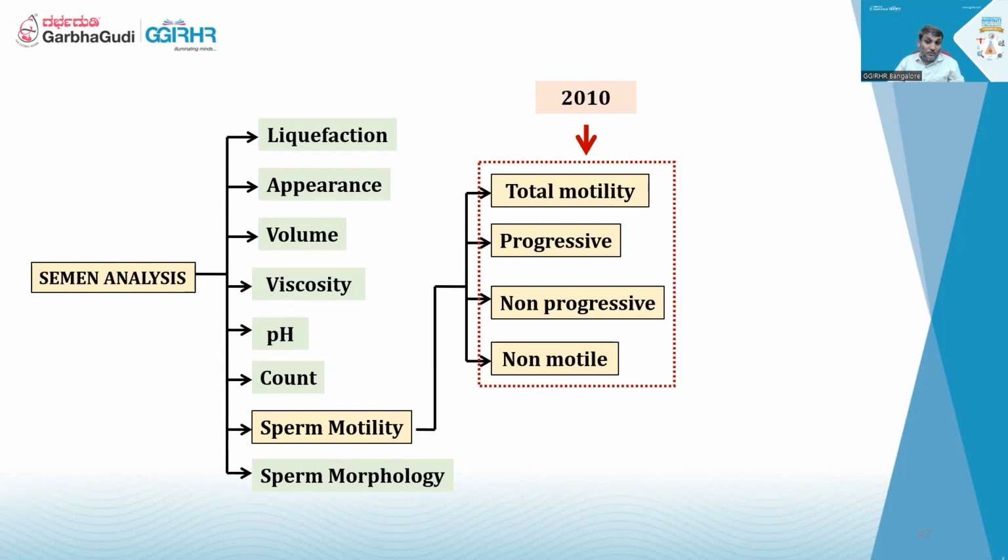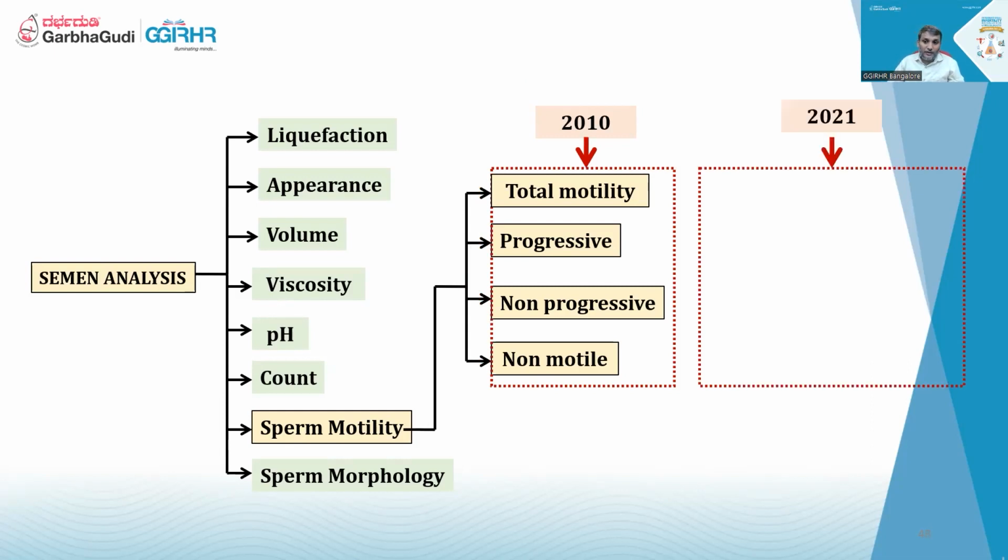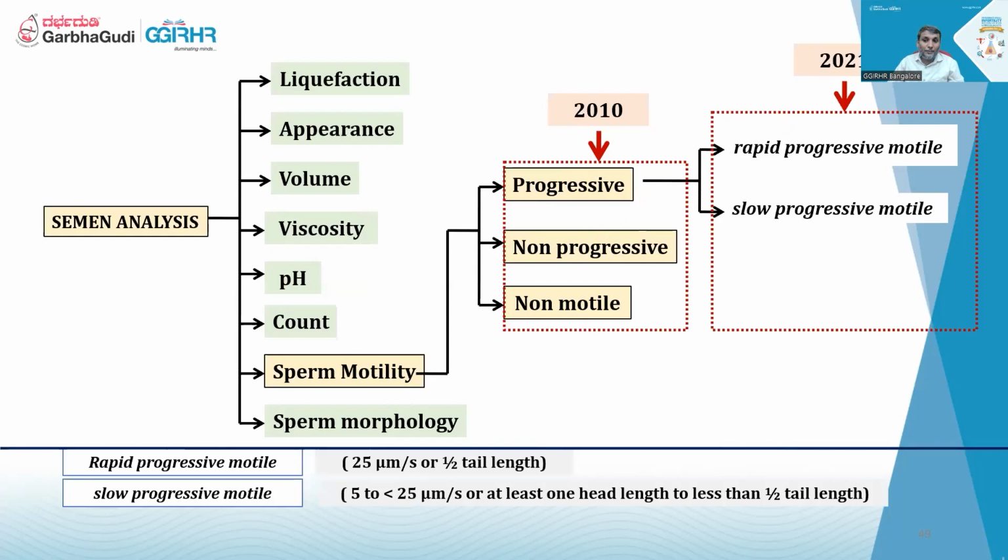This is 2010. In 2021, they have changed it to rapid progressive and slow progressive. Some progressive sperms are very fast, some are slow. Rapid progressive means 25 micron per second or more.